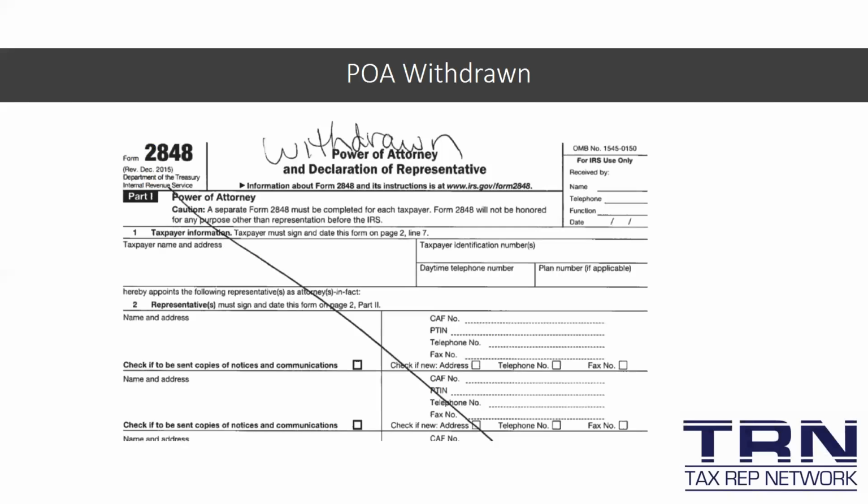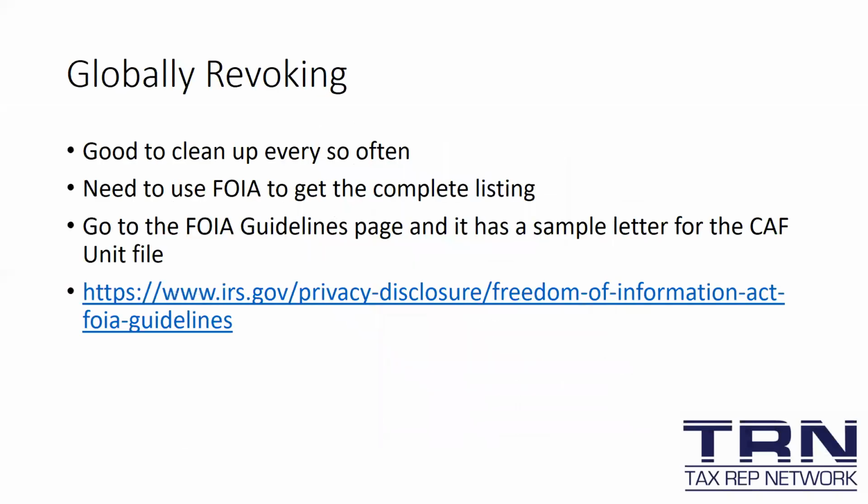Now, the client will get a letter saying that you have revoked your power of attorney. Sometimes clients get bent out of shape about this. You just need to explain to them that, look, you're an adult, right? If you need me, we're here. Happy to help you. But I tell people, every time there's a letter to you, a change here, they're tweaking your refund, whatever, we get this.